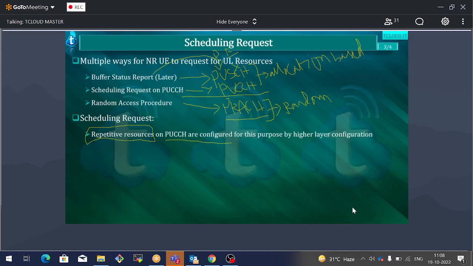When such failures occur, you cannot come back and freely use PUSCH or PUCCH, or if you don't even have the resources allocated and this is the initial access you are doing, you don't have a choice but to go for PRACH. That is the only option available for you. You have to perform the random access procedure, because you are allowed to use this random access channel anytime you want. Is that clear? Have you understood?